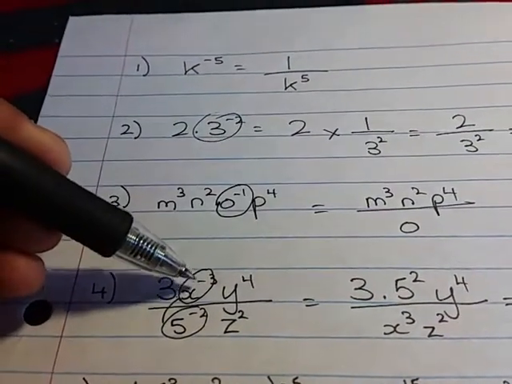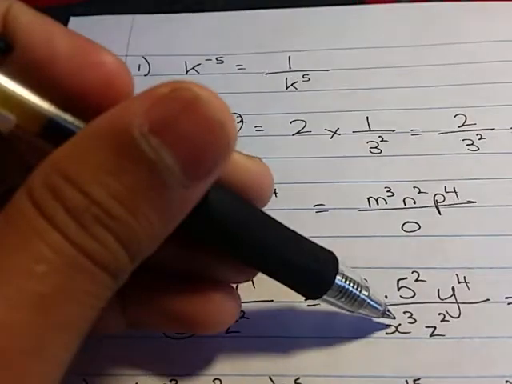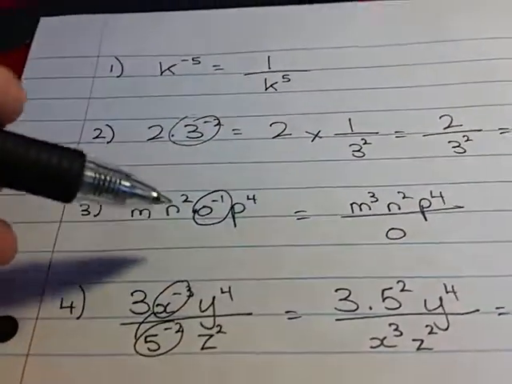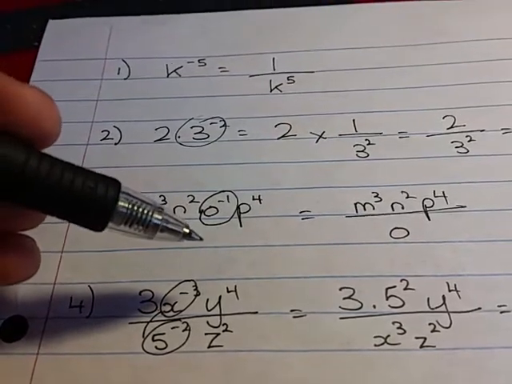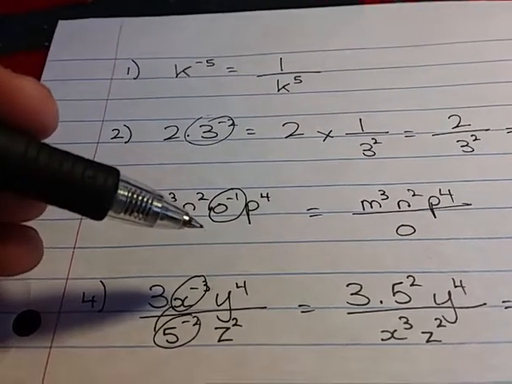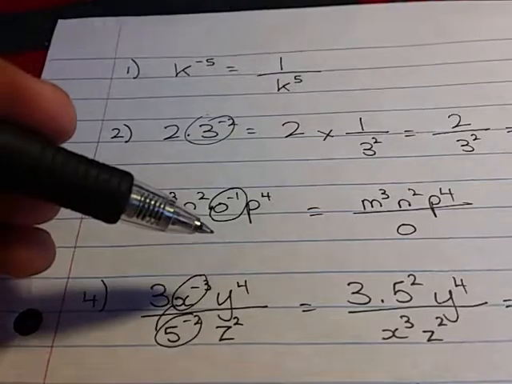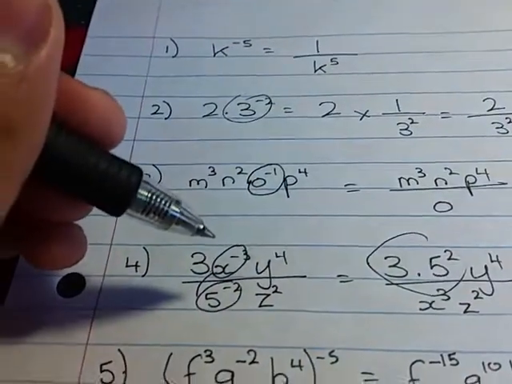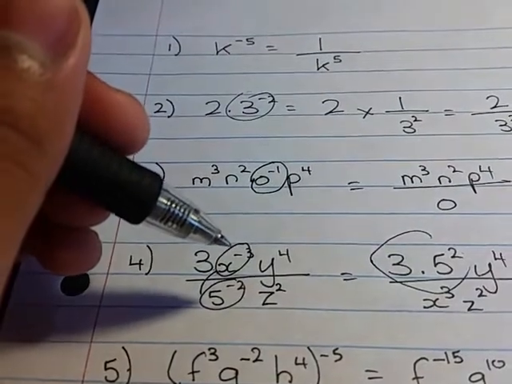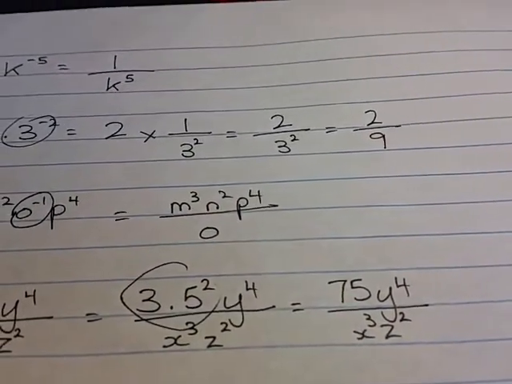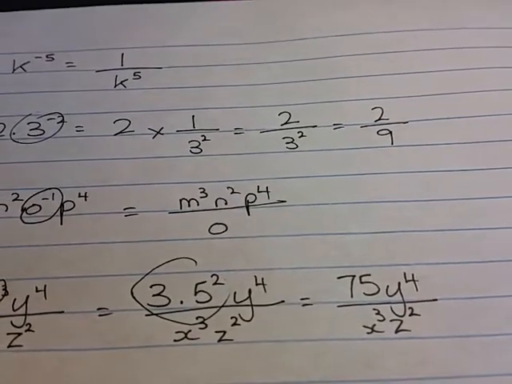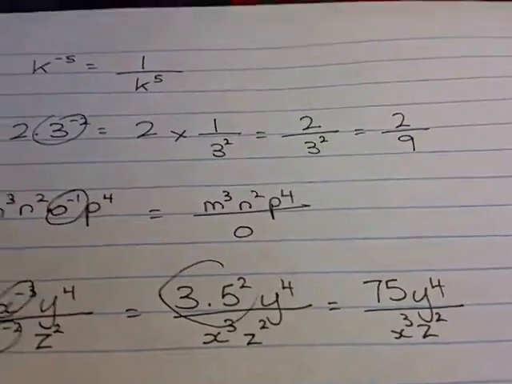This x to the negative 3 goes down and becomes x to the 3. So you end up with 3 times 5 to the 2, y to the 4, over x to the 3, z to the 2. And what you can do, these two can be simplified. You got 5 to the 2, that is 25. 3 times 25 gives you 75, y to the 4, over x to the 3, z to the 2.